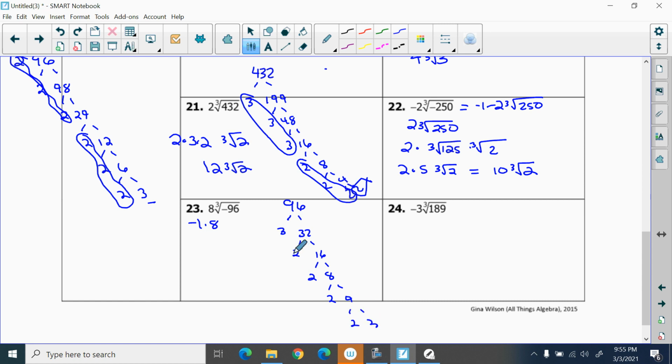So there is 1, 2, 3 2's right here. So that's -8 times 2. And then I have a 3, a 2, and another 3. So that's -16 times the cube root of 18.